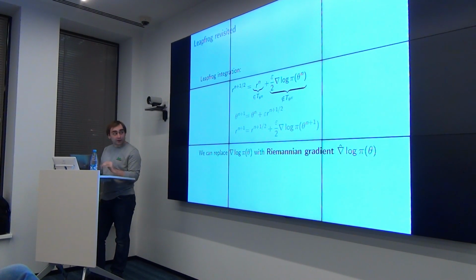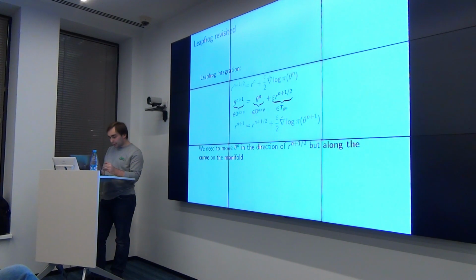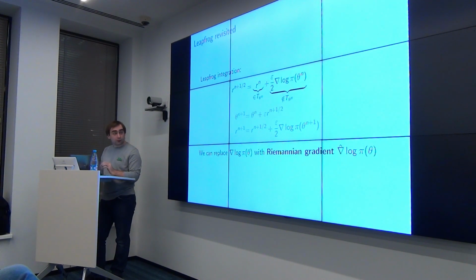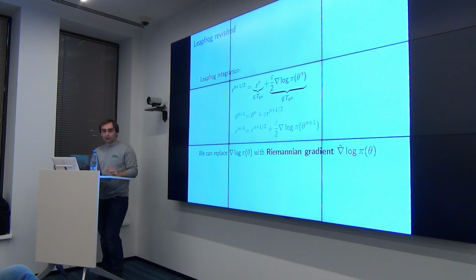So first we replace usual gradient with Riemannian gradient. Now we can guarantee that Rn plus 1/2 lies in the same tangent space at the point theta, and we can't add vectors from different tangent spaces.